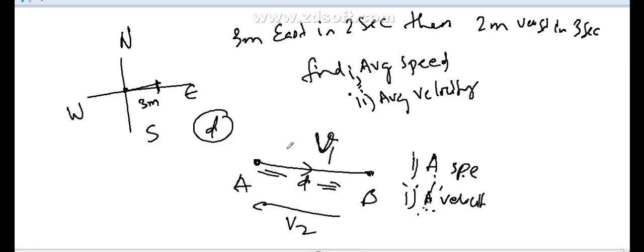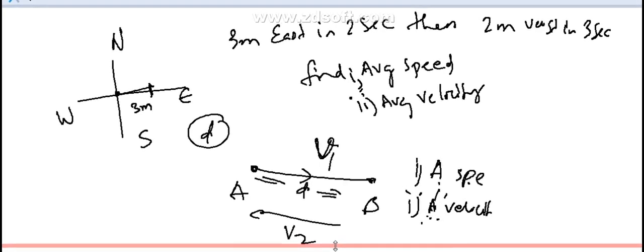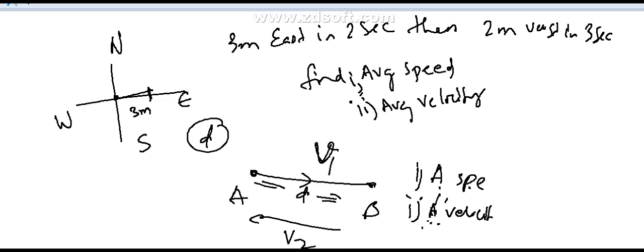Sir, I'm also doing it. So average speed is D V1 meter per second, sir.